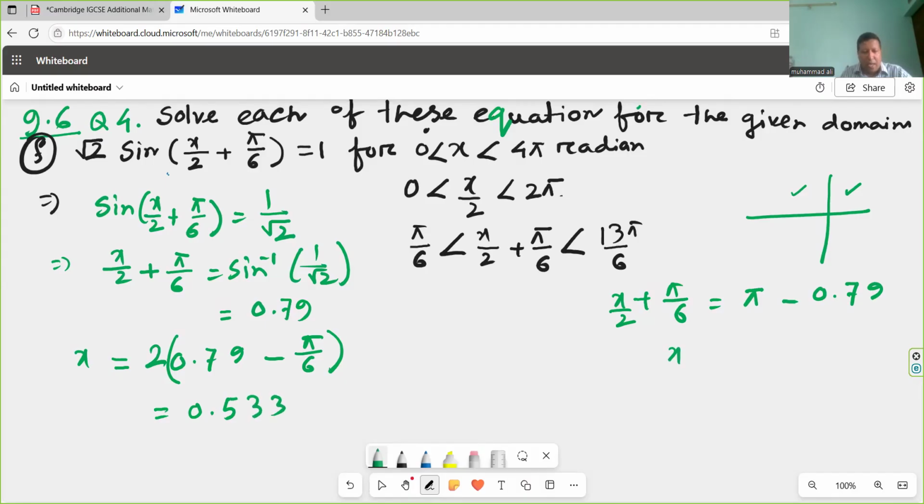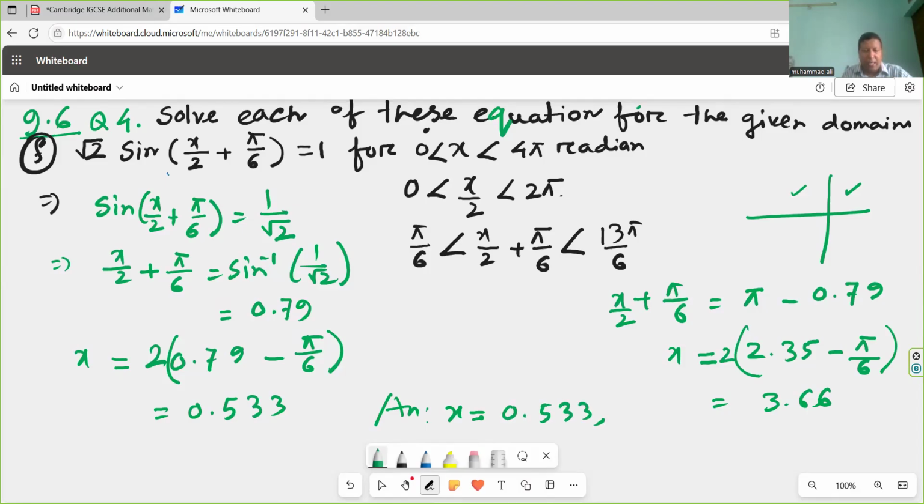And here, x = (2.35 − π/6) multiplied by 2. So the final answer 3.66. So the answer will be x = 0.533 and 3.67. So I think everybody understood all of this maths.